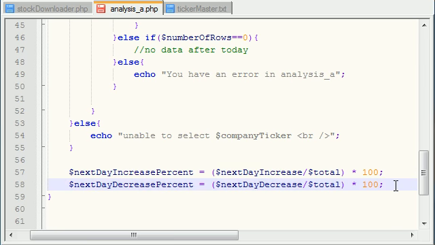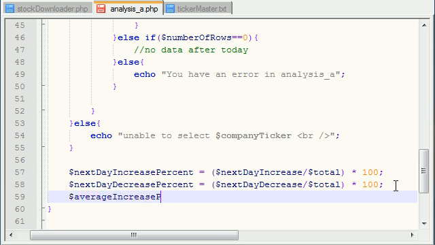Now I want to figure out how much of a change on average whenever it goes up, and how much of an average change when it goes down. The very first thing is to make a variable called average increase percent, and I'm going to set this equal to the sum of increases.